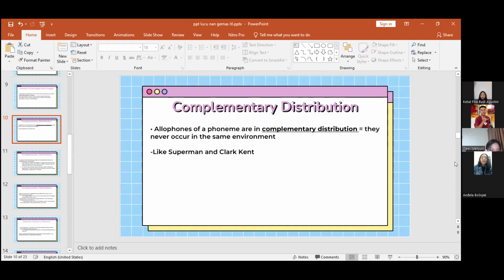Clark Kent is the normal human version of Superman. They never occur in the same environment, right? Because if he wants to be a superhero, he will be Superman in one environment, but if he wants to be a normal person, he will change to be Clark Kent. So this is an example of allophones of phonemes being in complementary distribution: they never occur in the same environments. So next.